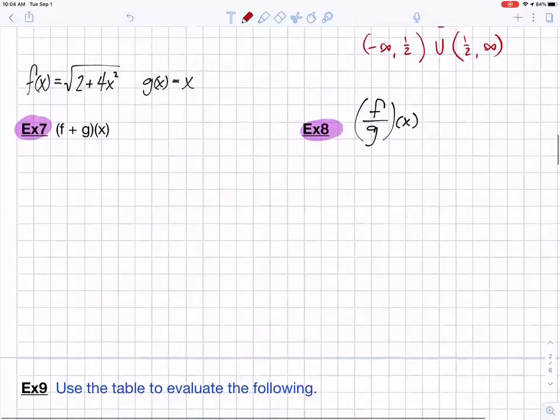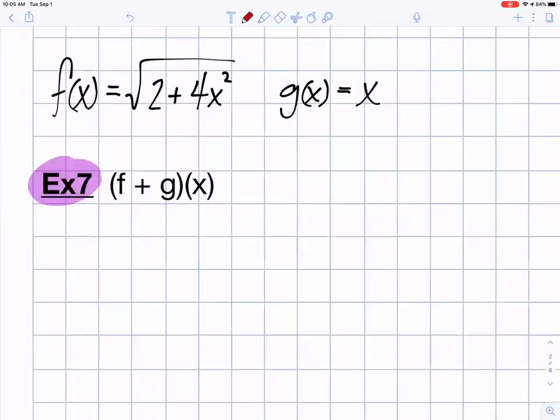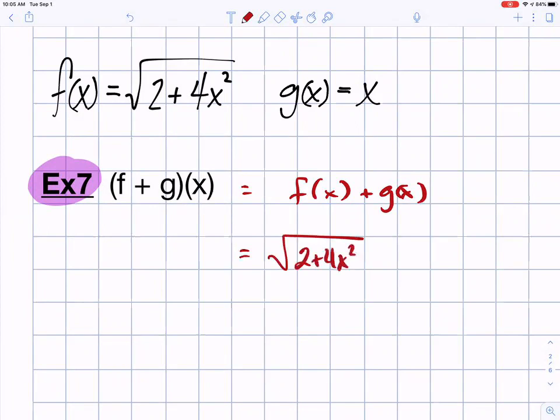All right. New f of X and g of X, a new one. Easier way to write number 7? Let's plug and chug. What's our f of X that we can plug in? Okay, plus, what's my g of X?